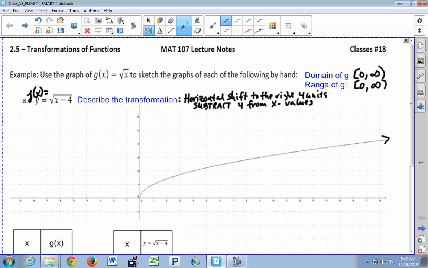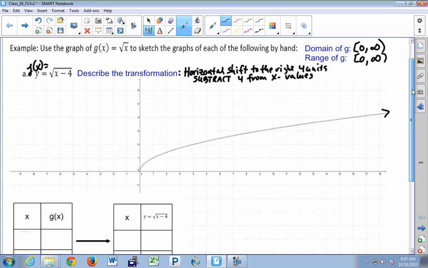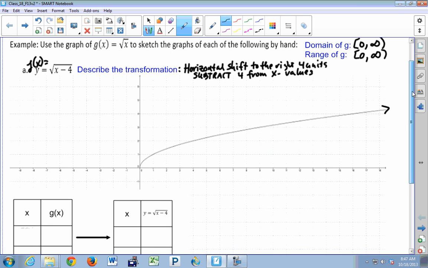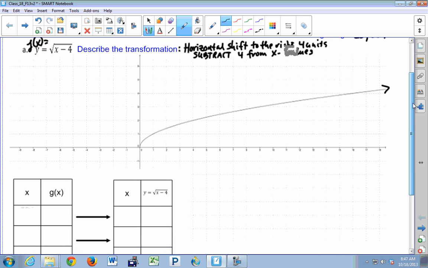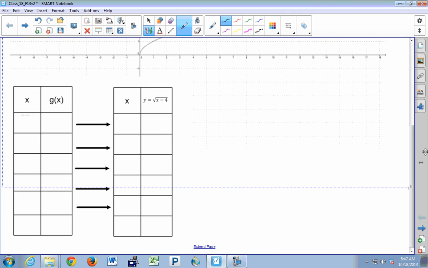Okay. So when you do transformations, it really depends on how you operate. Some people like to think purely visually with the graph. Some people like to work with tables. So I'm going to show you 2 approaches today again. So what I would do is my original function was g of x. So I might make a little table of nice, easy values for g, like if x is 0, the square root of 0 is 0.